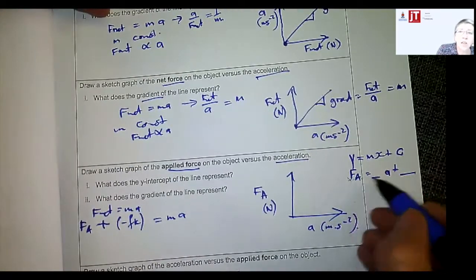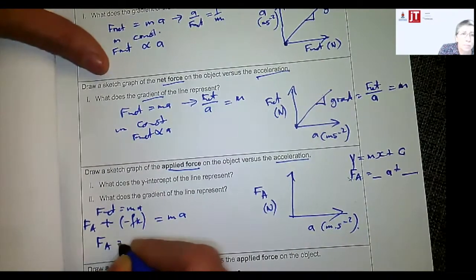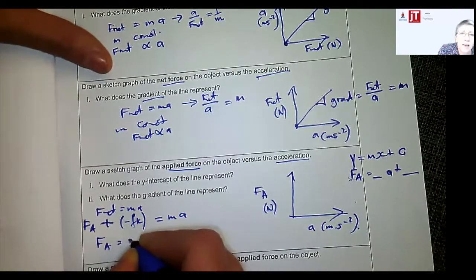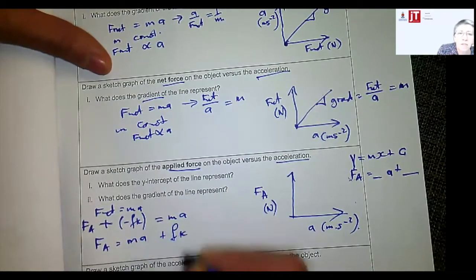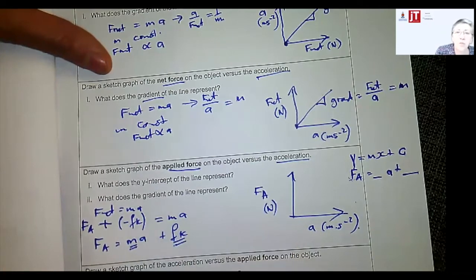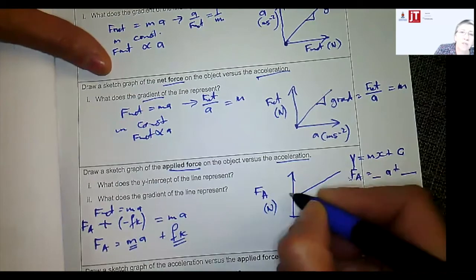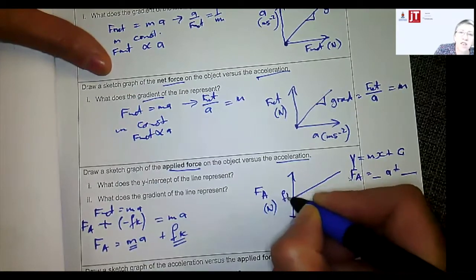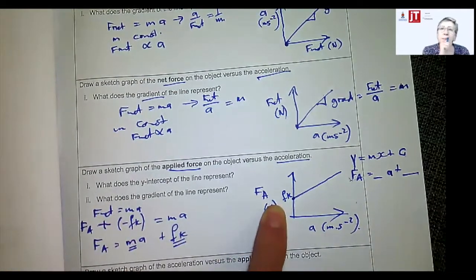But I'm working towards FA on its own. So FA will be MA, and I'll take the friction over, and it becomes plus FK. So immediately there I've got the gradient, and there I've got the y-intercept. So I'll have a positive gradient, and I'll have a y-intercept that is actually the frictional force. Now, does that make sense?